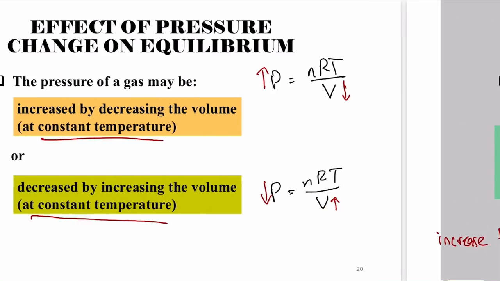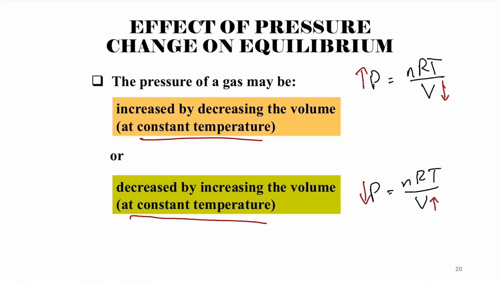Right? If we have the ideal gas law, if the number of moles is different, then the pressure changes proportionally to the number of moles. Right? So if we have 4 moles on the reactant side and only 2 moles on the product side, and we change the volume, the pressure is changing twice as much for the reactants as it is for the products. Which means that we're effectively increasing the concentration of the reactants twice as much as the products.